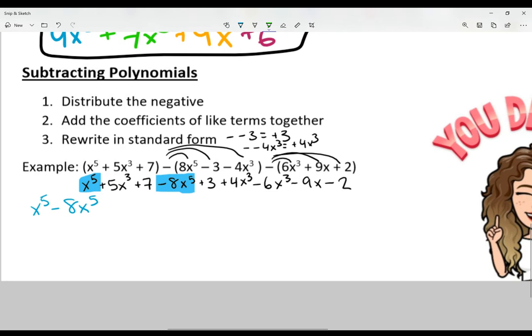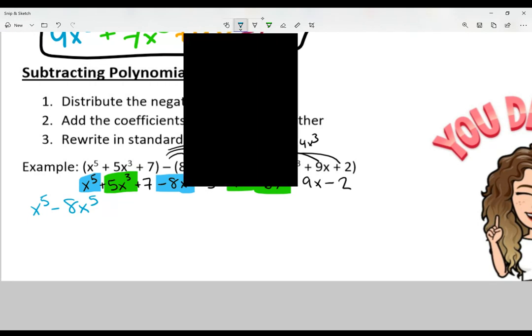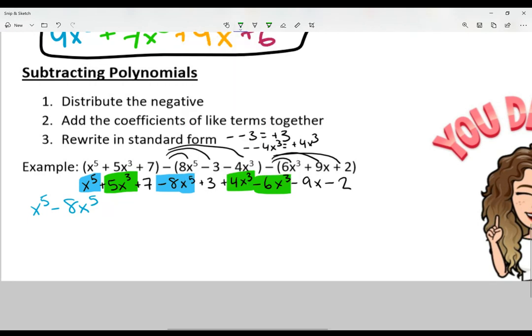There are no 4 exponents, so we move down to the 3's. And as you can see, these are the same terms, but from the adding problem, it's just going to come out a little different. So plus 5x cubed plus 4x cubed minus 6x cubed.